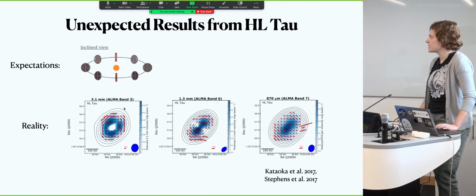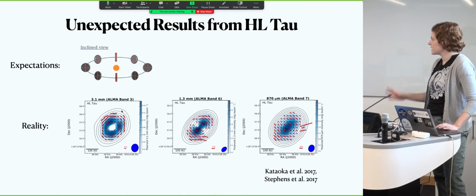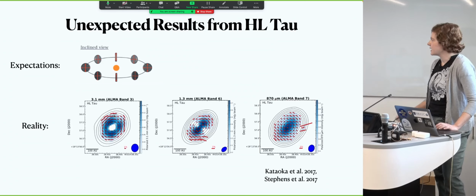In these images, the contours represent Stokes I, or the total intensity. The blue shading represents polarized intensity, and the red lines represent the direction of polarization.